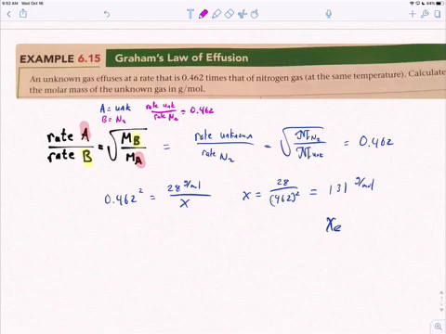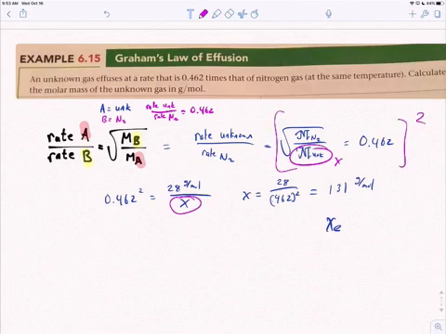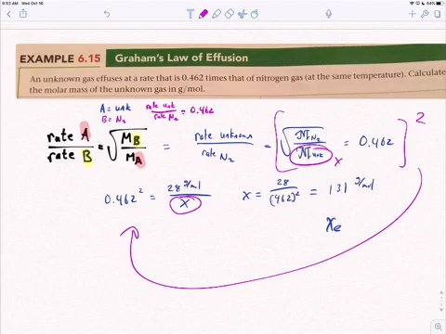And the molecular weight of our unknown, I just gave the value X. So I squared both sides of the equation to get rid of the square root, solve for X, and get 131.